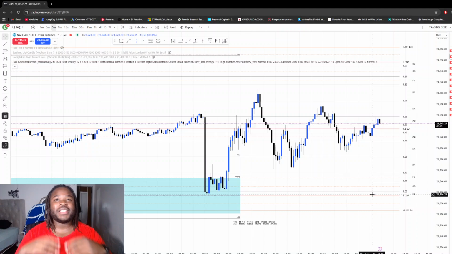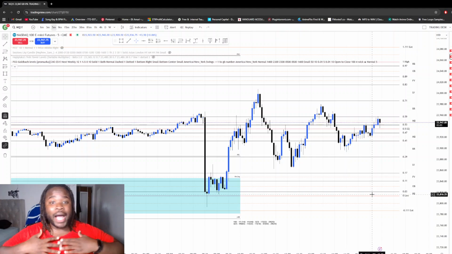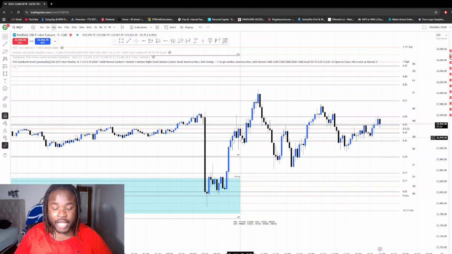Now, how do we take advantage of this? Because if it's a repeating phenomenon, we should be able to take advantage of this. Now, the struggle I had as an ICT trader was knowing that this was the correct key level, that it was going to bounce from here. That was one of the issues that I had as a trader.